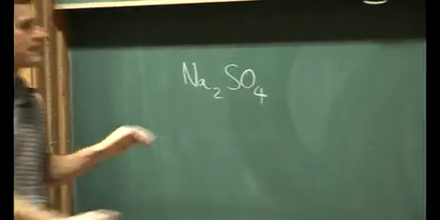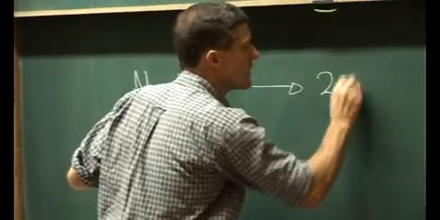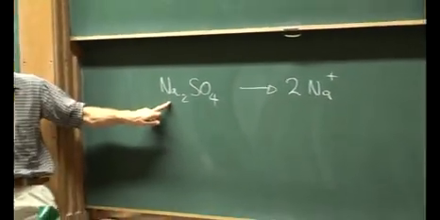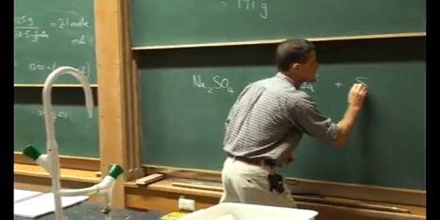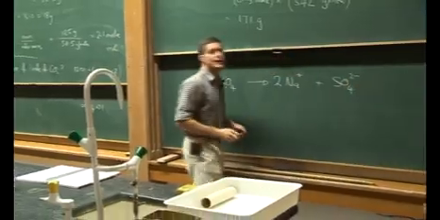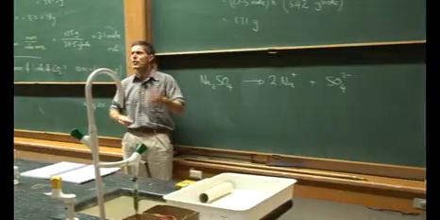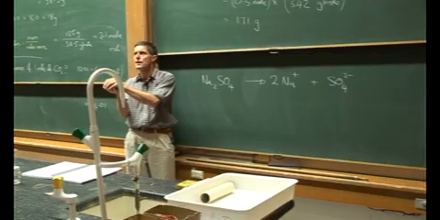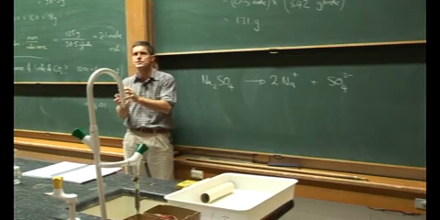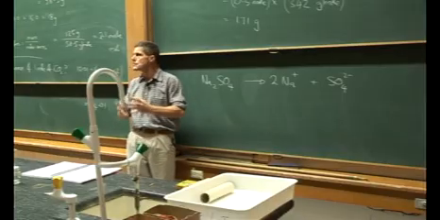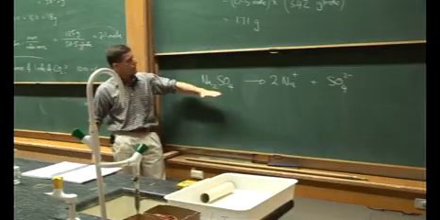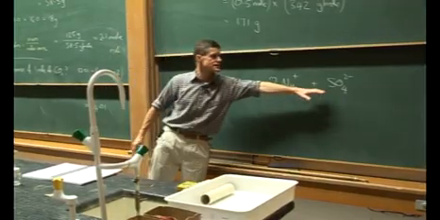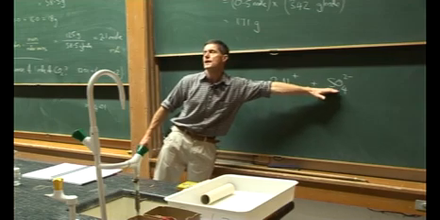If I split it up, I will see it is composed of 2 lots of sodium ions and 1 lot of sulfate ions. Sulfate is one of those polyatomic ions. That means there's a collection of atoms covalently bonded to one another, all of which have a charge. And for polyatomic ions, they don't break up any further. So 1 mole of sodium sulfate contains 2 moles of sodium ions and 1 mole of sulfate ions.